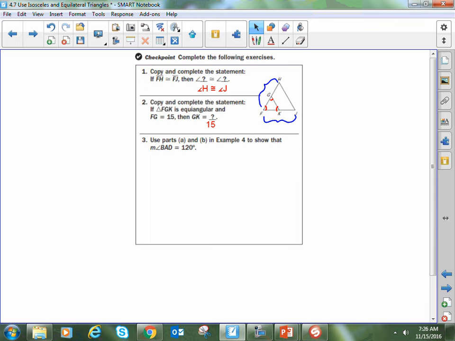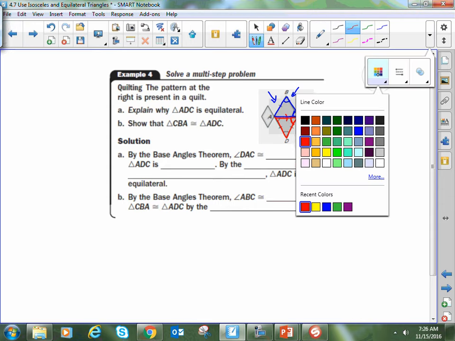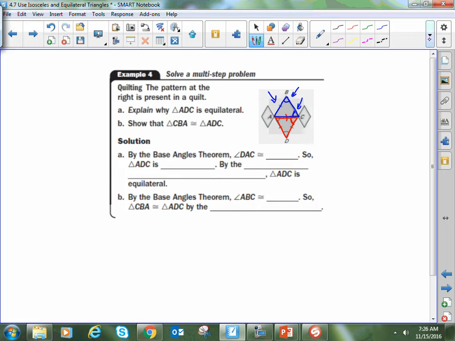Now you're going to have to go back and look at the other diagram in example 4 to see the measurement of the angle. Use the parts to show that the measurement of angle BAD is 120 degrees. Well, BAD is this angle right here.